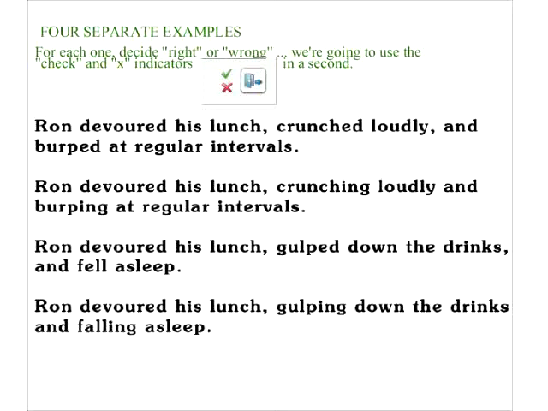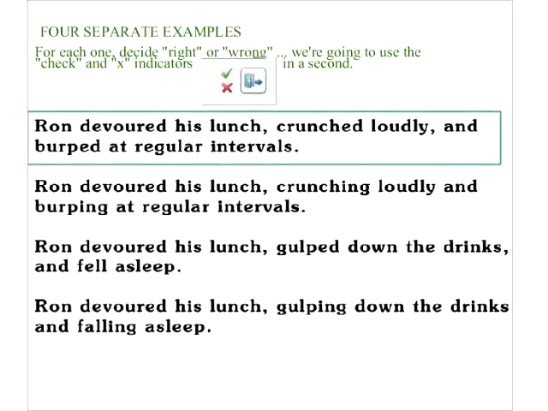Okay. Please don't put check marks yet because there's 4 examples, guys. So you can't answer them all at once. Okay. Let's do this one at a time. This one. If you think this one is correct, go ahead and click the green check.